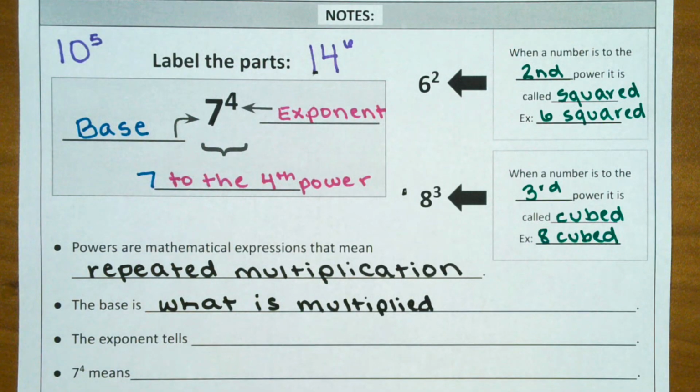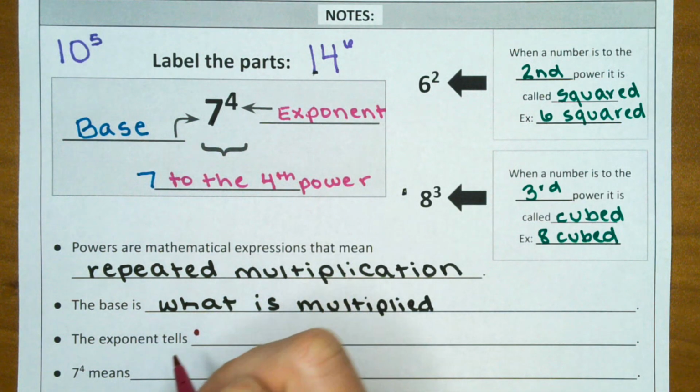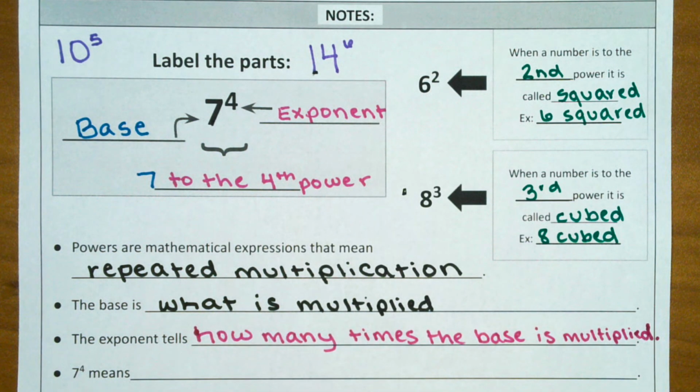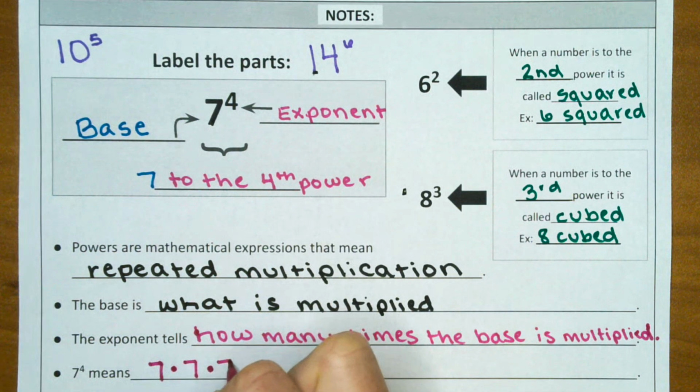Now, the exponent tells us how many times the base is multiplied. If we have 7 to the 4th power, that means 7 times 7 times 7 times 7.